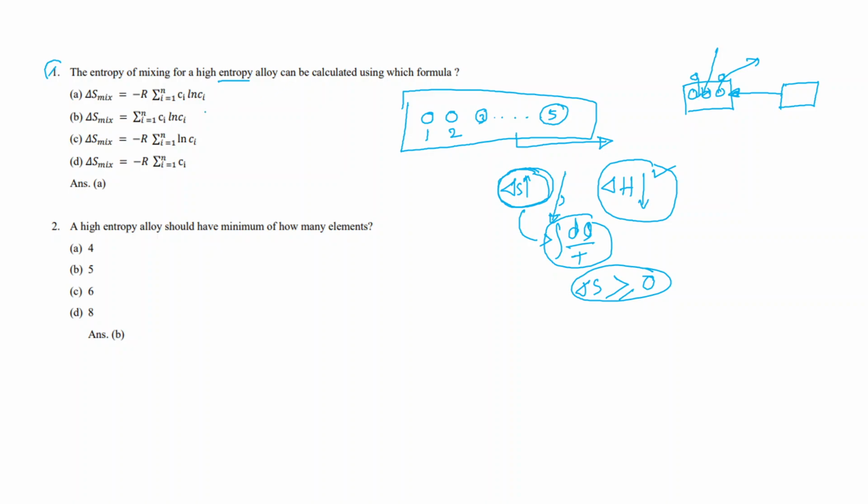Okay, so our question is: for a high entropy alloy, entropy can be calculated using which formula? For the mixing of 1, 2, 3 or more metals, which formula will be correct?